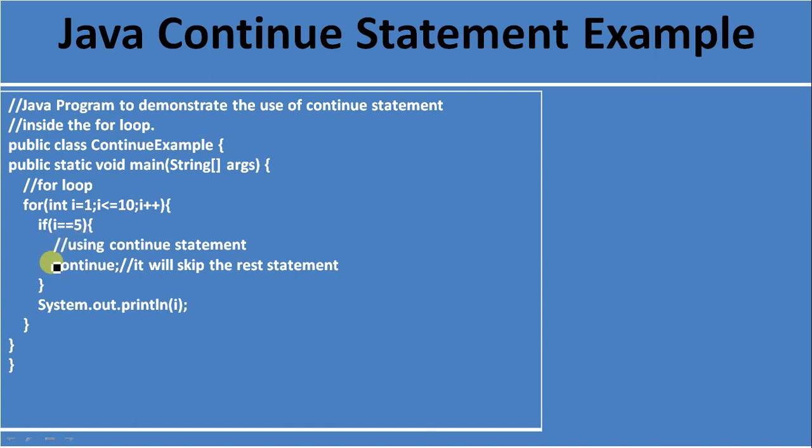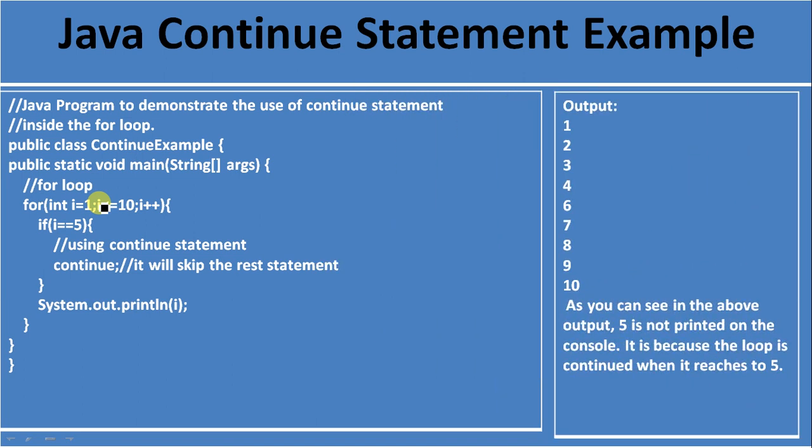It will skip the value of 5 and the remaining execution will continue. So the output of this program will print the numbers from 1 to 10, but it will not print 5, because when the condition i equal to 5 is true, it will skip the execution of this statement. So let me show you this on the Eclipse IDE.